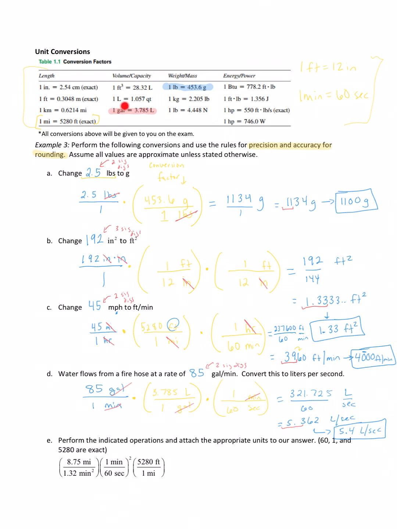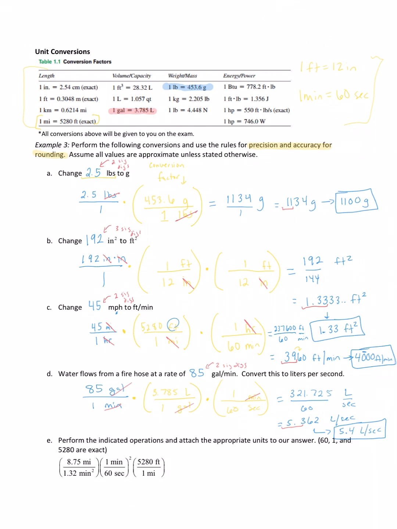Up at the chart, I highlighted it in red, 1 gallon. We put the 1 next to the gallon, 3.785 liters. The gallons will cancel. And then minutes is in the denominator, so we have to put that one in the numerator. 1 minute is 60 seconds. Multiply your numerators, multiply your denominators. We have liters per second. 2 sig digs would round to 5.4.